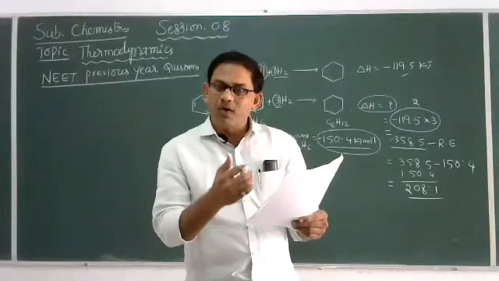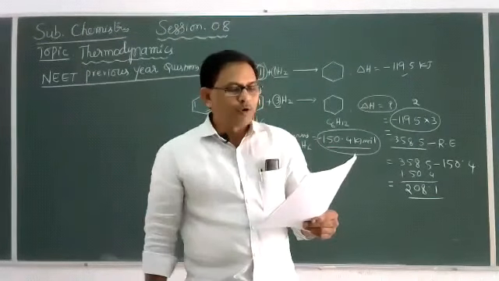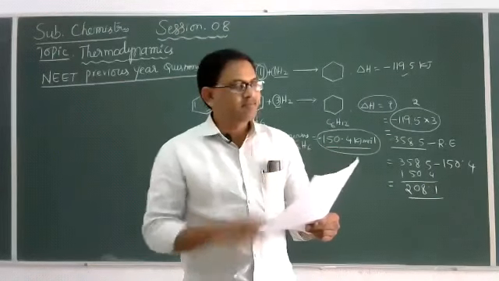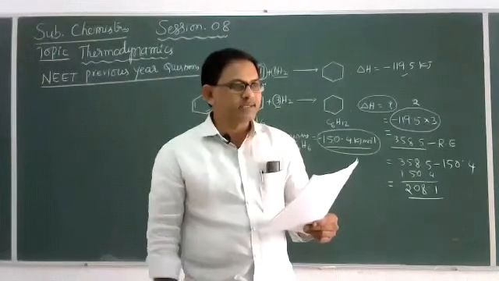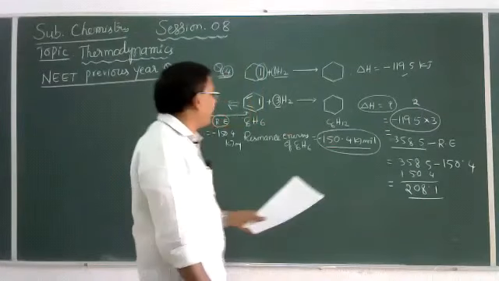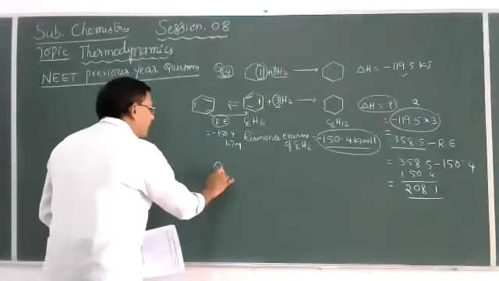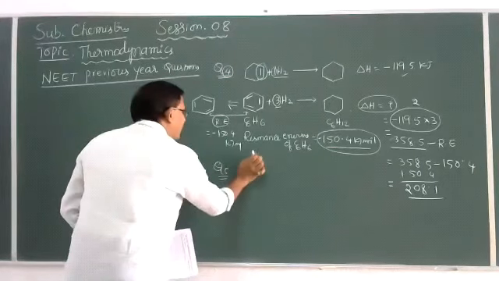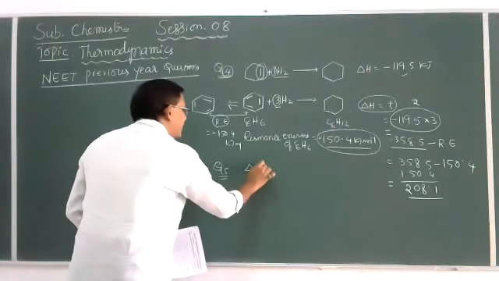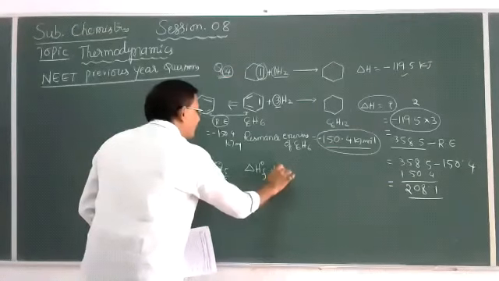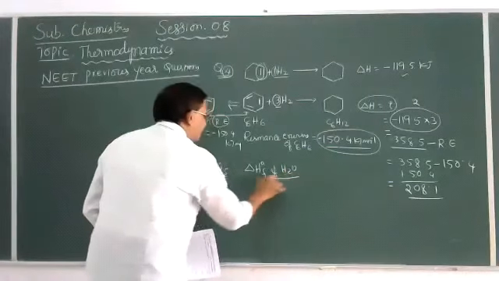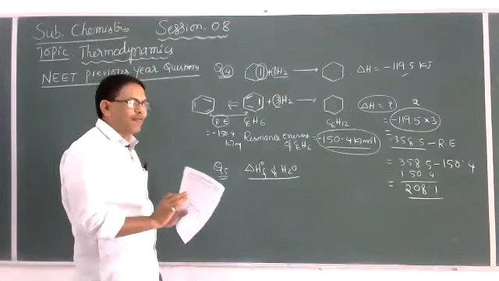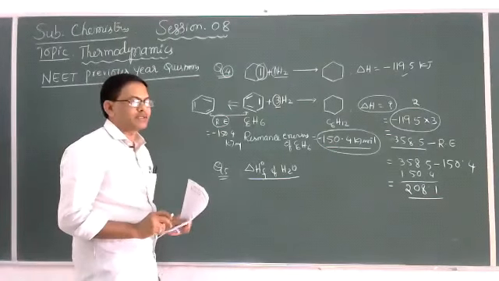Once we observe all the 4 examples, water formation is there. But here in question number 5, the standard enthalpy of formation of water, we want H2O. In all the 4 cases, water is formed from reactants to products.